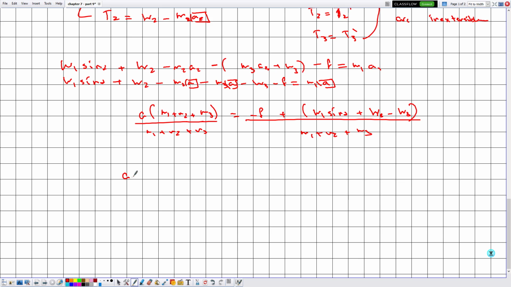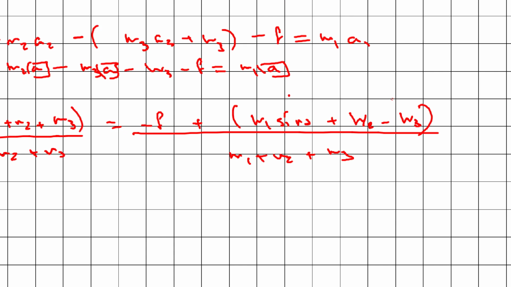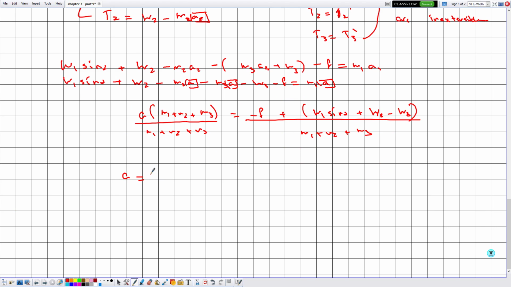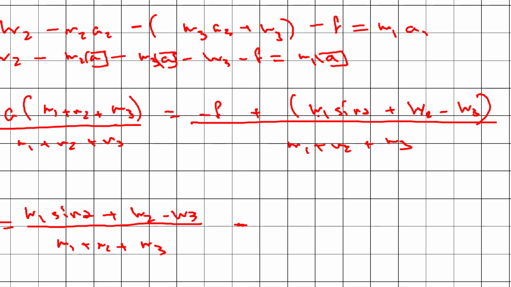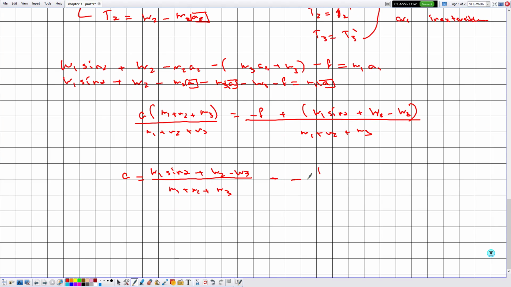So this is given by A, which is equal to, now we drag this fraction to the left, so it's given by W1 sine alpha plus W2 minus W3 divided by M1 plus M2 plus M3 minus this fraction. I will write it in the following form: M1 plus M2 plus M3 multiplied by F.